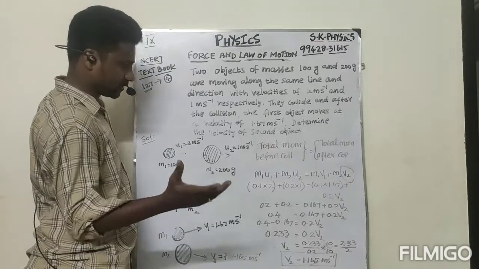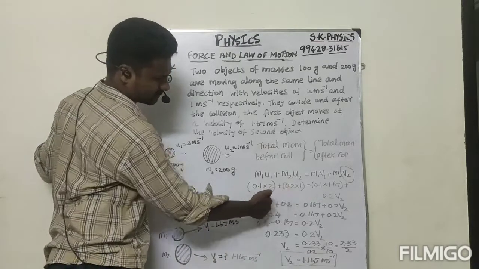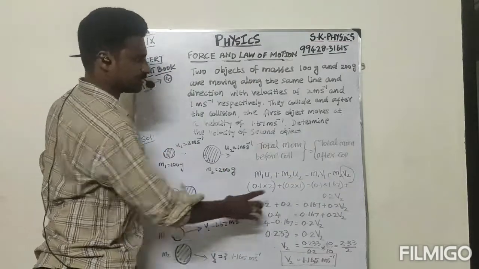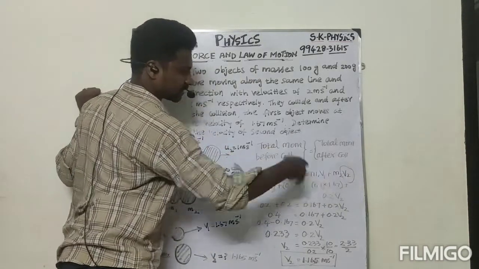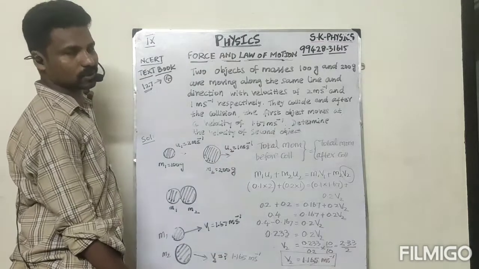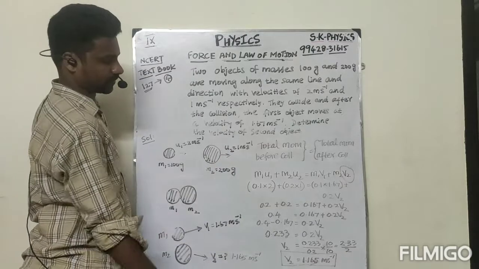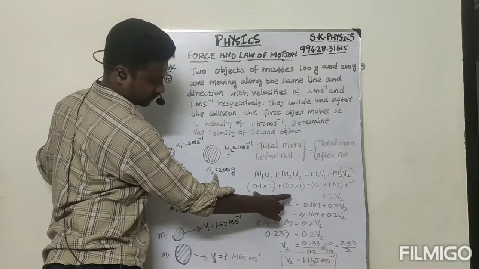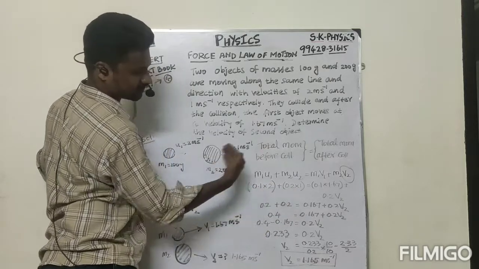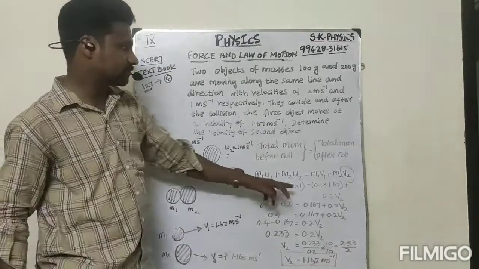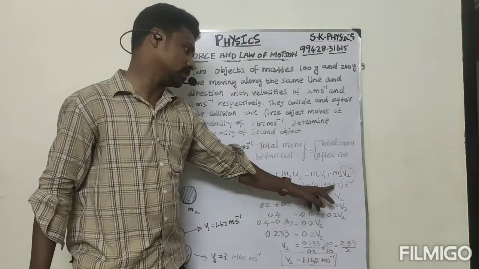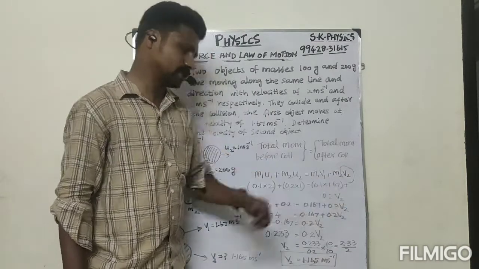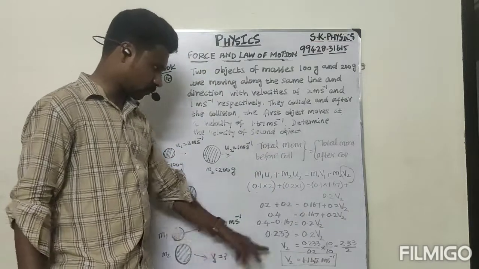Now on the left side, what is the total momentum? 0.4. Like that, on the right side also, if we multiply we can get 0.4 only, because total momentum is conserved. See, 0.1 into 2 plus 0.2 into 1, finally we can write 0.4, that is the left side momentum. And like that the right side momentum, 0.1 into 1.67 plus 0.2 into v2, which is 1.165.